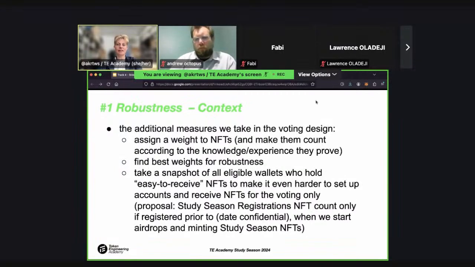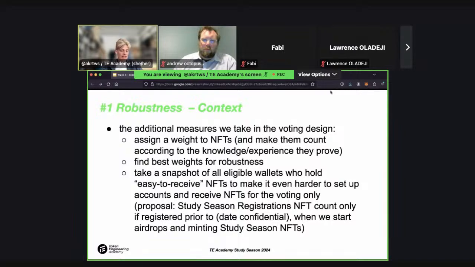Okay, more context. Additional measures we can take in the voting design. Yes, assign a weight to the NFTs and make them count according to the knowledge and experience they prove. Then find the best weights for robustness, and this would be part of the verification. And one more measure we can take is take a snapshot of all eligible wallets, meaning we can say, okay, there's a deadline for all NFTs that should count in the voting.